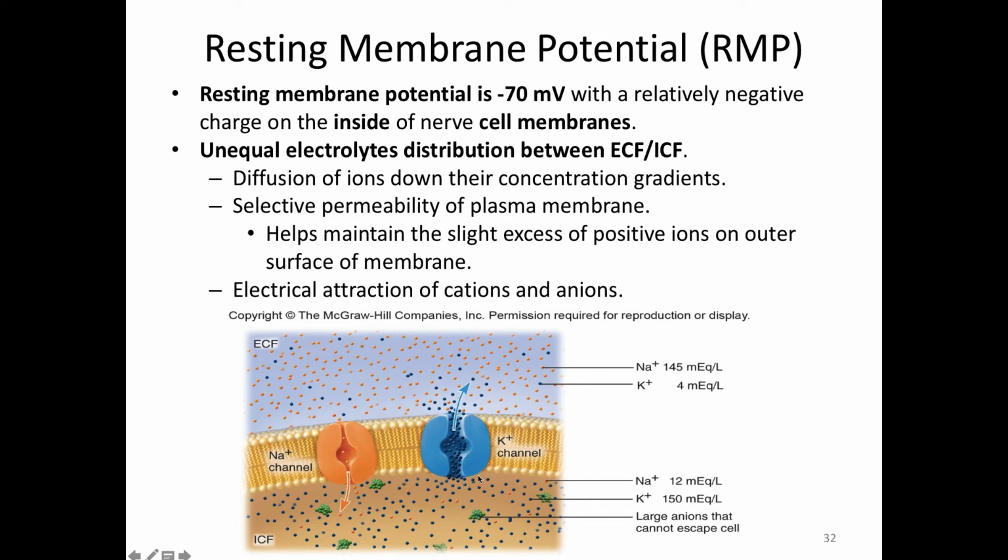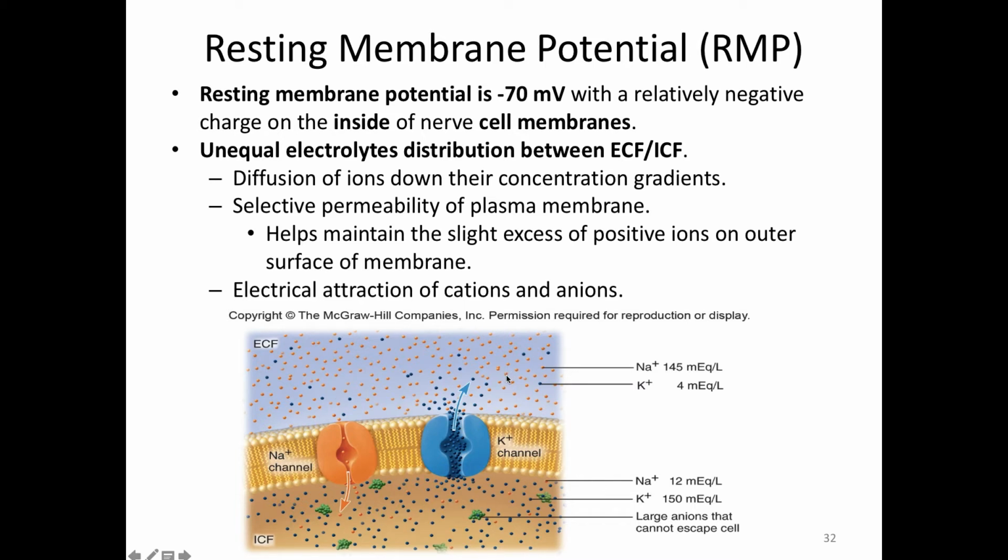So unequal distribution of electrolytes is what makes up this difference. So different ratios of sodium to potassium, and different ratios in addition to large anions. If these ions could, they would diffuse down their concentration gradients, so sodium would enter and potassium would leave.